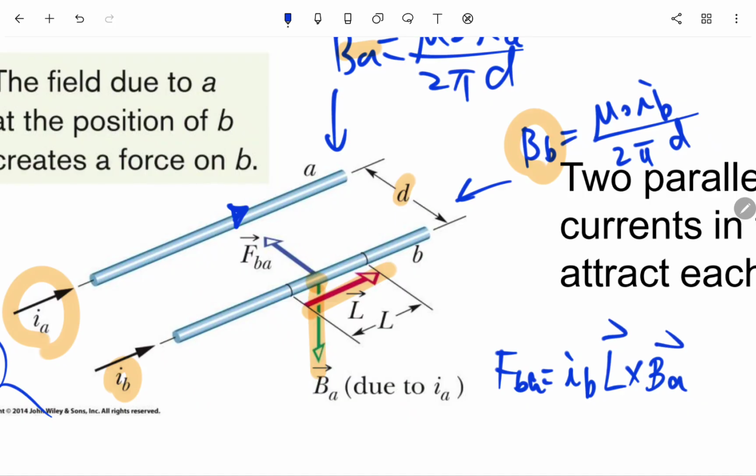L is in this direction, and then crossing to the downward, so the force will be pointing to wire A. Also using the right hand rule, you can determine the direction of FBA. And you can practice by yourself.